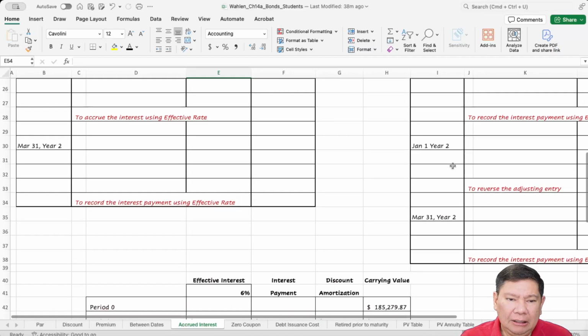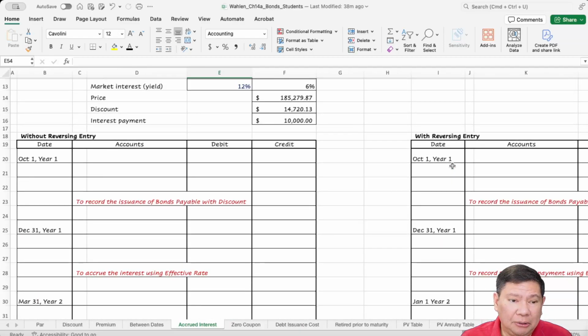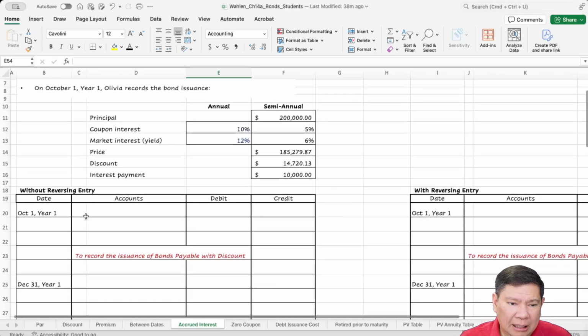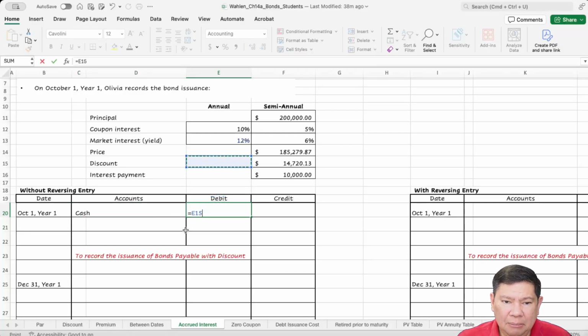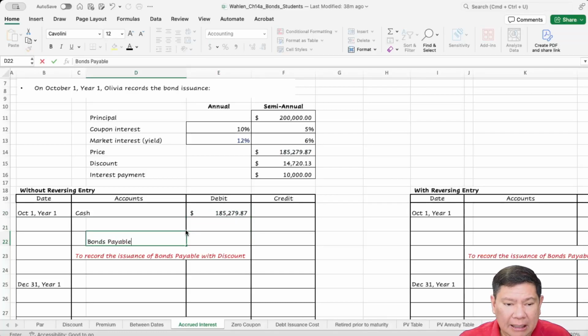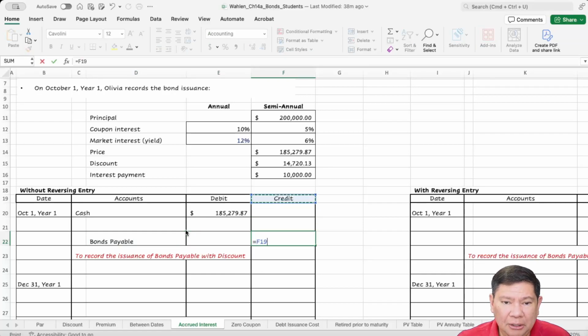Okay, so now let's take a look at how the journal entry is done. The company received cash at the selling price. The bonds payable, or the liability that it recognizes, is the face value.